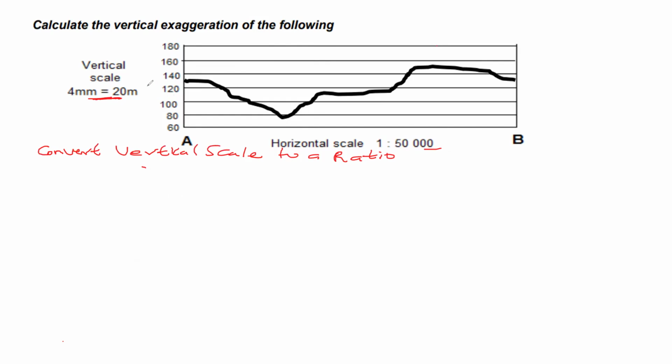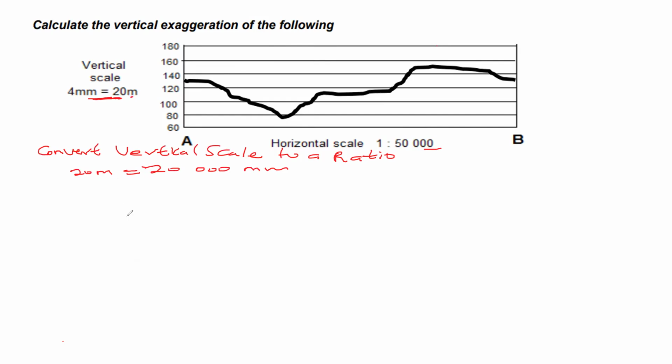So the first step, we need to convert this 20 meters to millimeters. We know that 20 meters is equal to 20,000 millimeters. So we converted this 20 meters into millimeters.